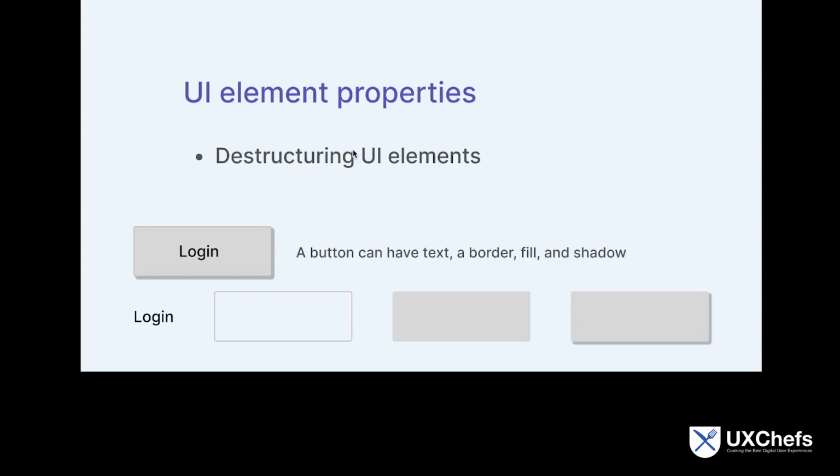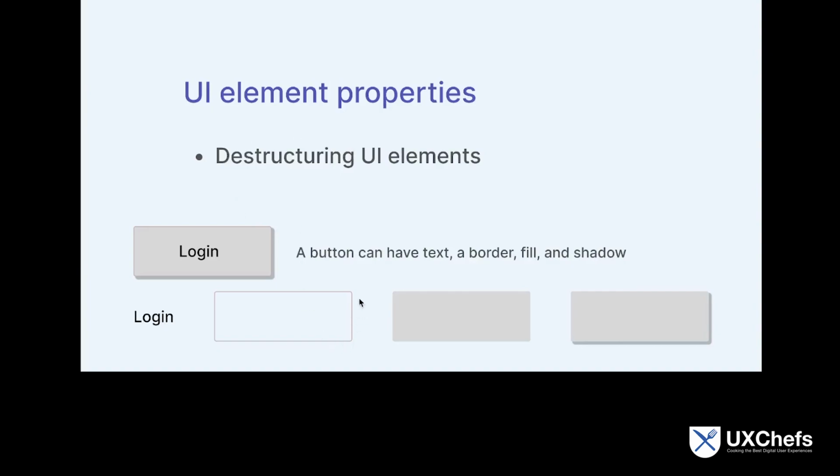I'm not telling you to get a hammer and hit your computer screen so that you can destroy a specific button. But I'm trying to tell you to separate the properties that make up a specific button. Ask yourself, which properties make up a button? The text, border, fill, the shadow.